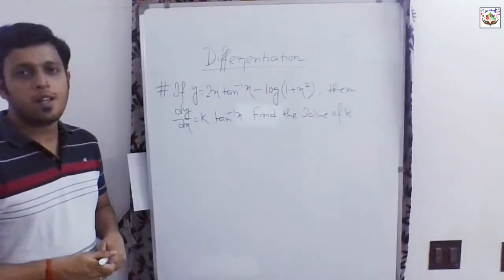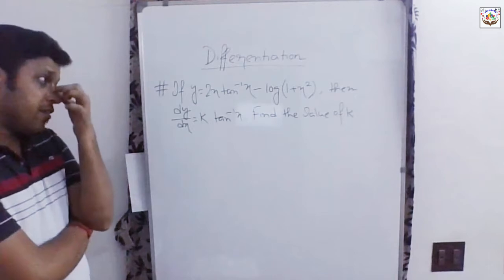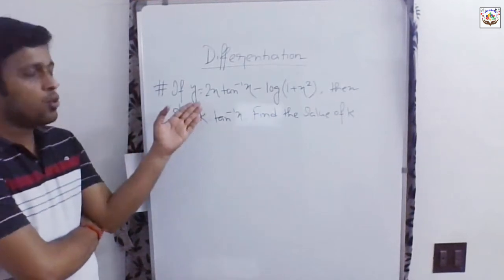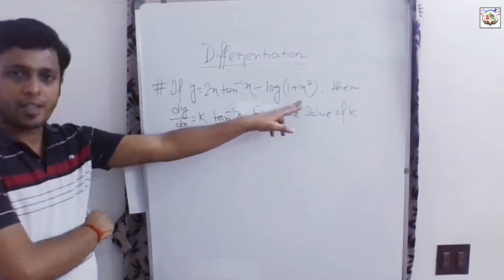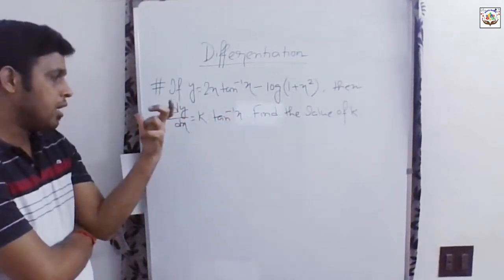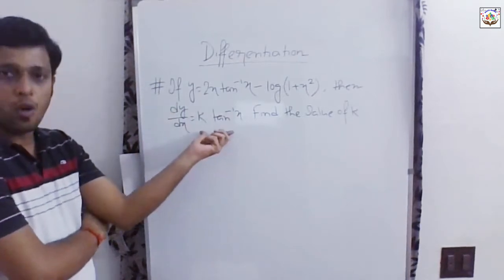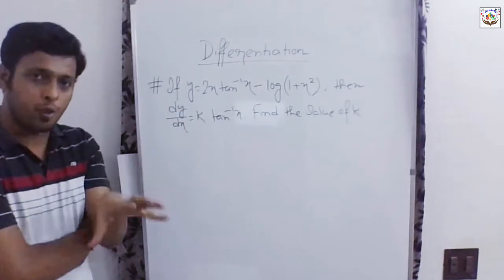Okay. Now we'll try to solve this problem. Here it is given that if y equals 2x tan inverse x minus log of 1 plus x square, then dy/dx will be coming in this format, k into tan inverse x. So it is already given in the problem.